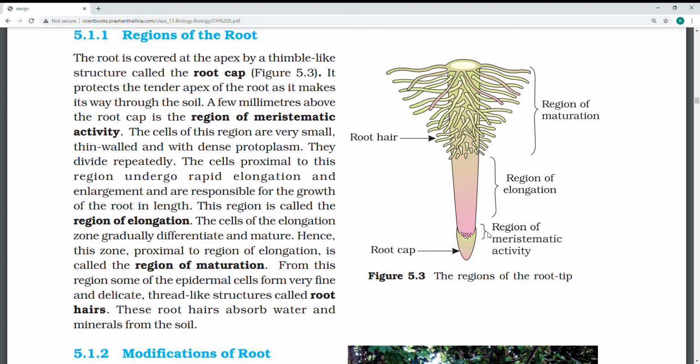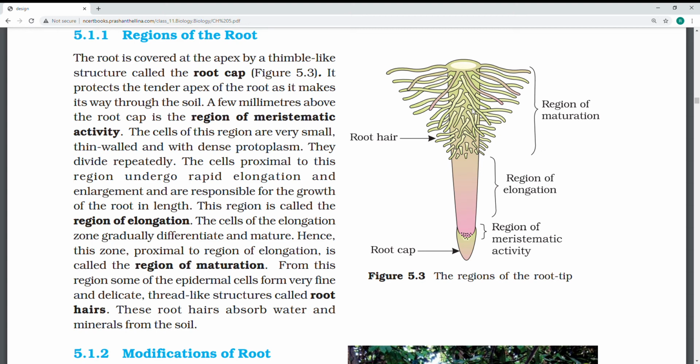So the other region of meristematic activity is the small one, then the region of elongation, then the region of maturation. If you see the region of elongation, the name itself describes it. In the meristematic region, the cells are small, thin-walled, with dense protoplasm, and they divide rapidly and repeatedly by mitosis to produce numerous daughter cells.